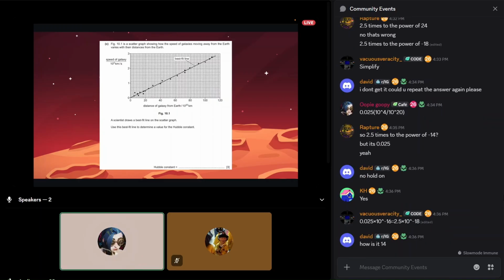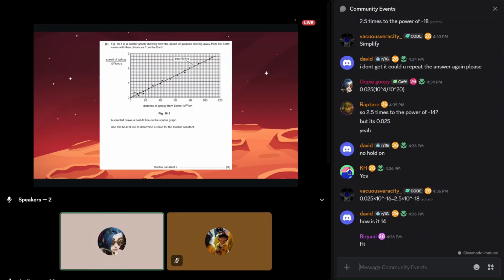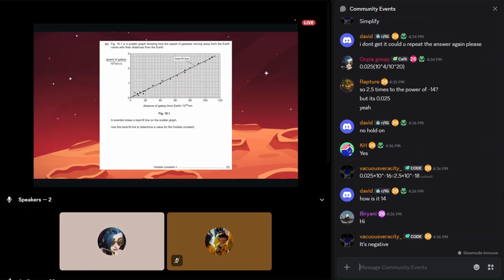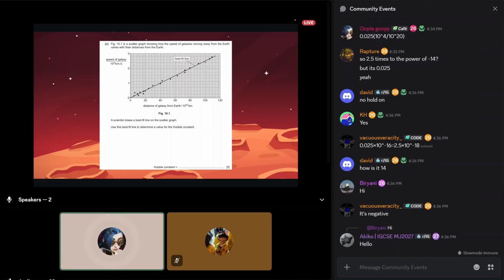Because you get 0.025 times 10 to the power of negative 16. So then if you multiply the 0.025 to 2.5, you should add the... Do you understand? Okay, I'll just type it in the chat.